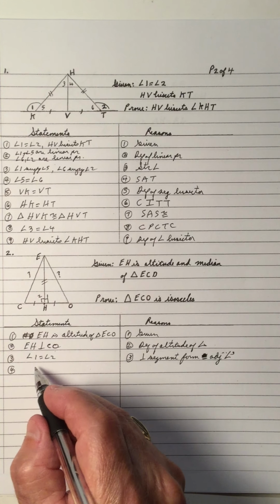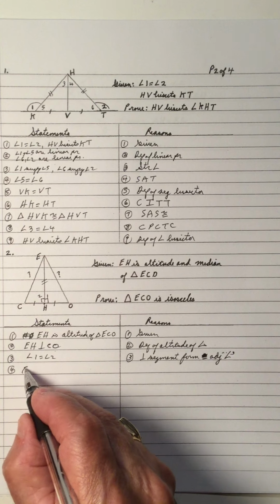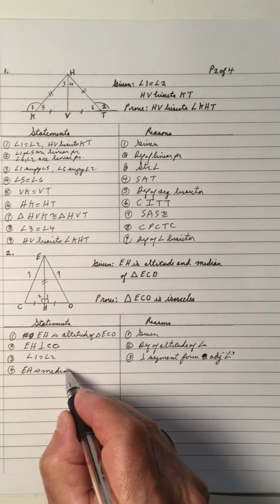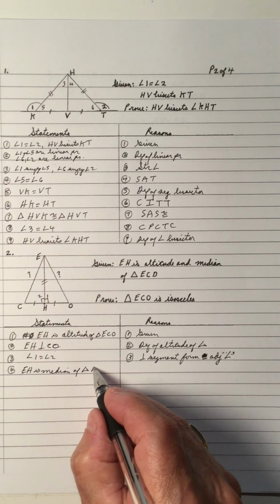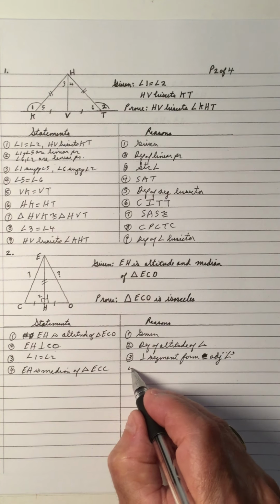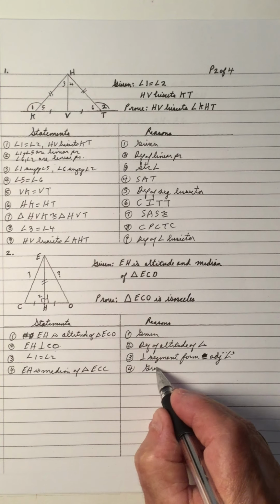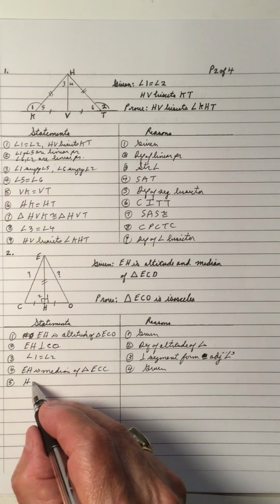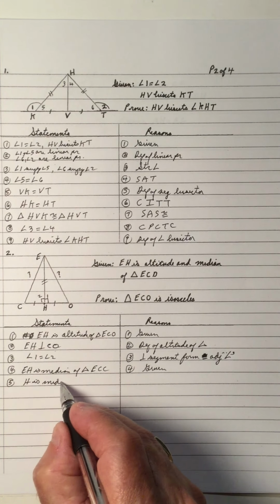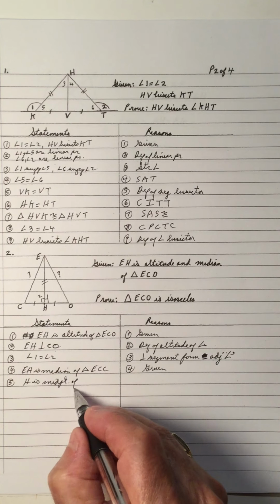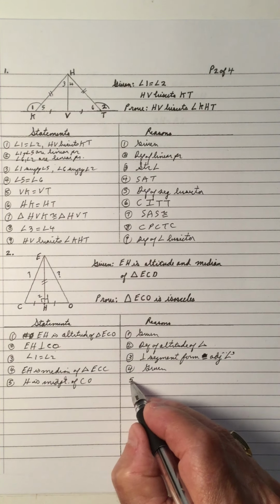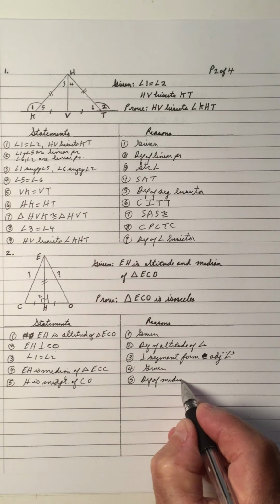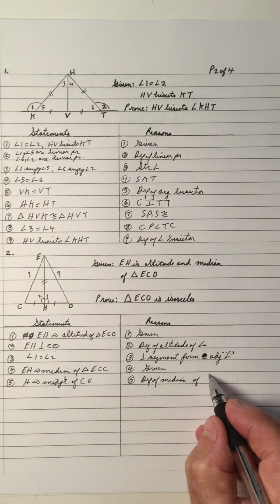Number 4, and we have that EH is a median of triangle ECO, and that's a given. And as a result, that means that H is a midpoint of CO, and that's the definition of a median of a triangle.